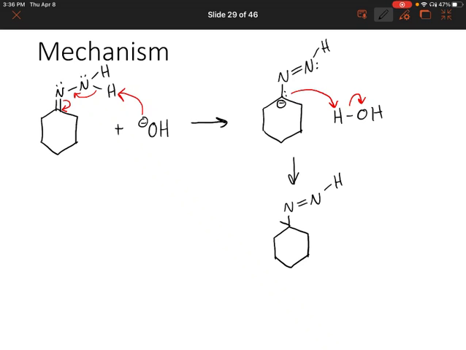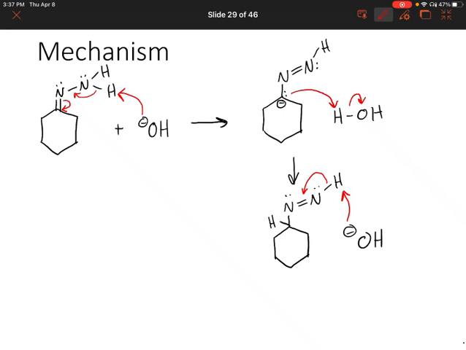So I'll just draw that hydrogen in that we added to that carbon. And next, so now hydroxide is going to come in again, and that's going to grab the hydrogen on the very end of our nitrogen chain there, and then the electrons that are shared will be moved over to create a triple bond.